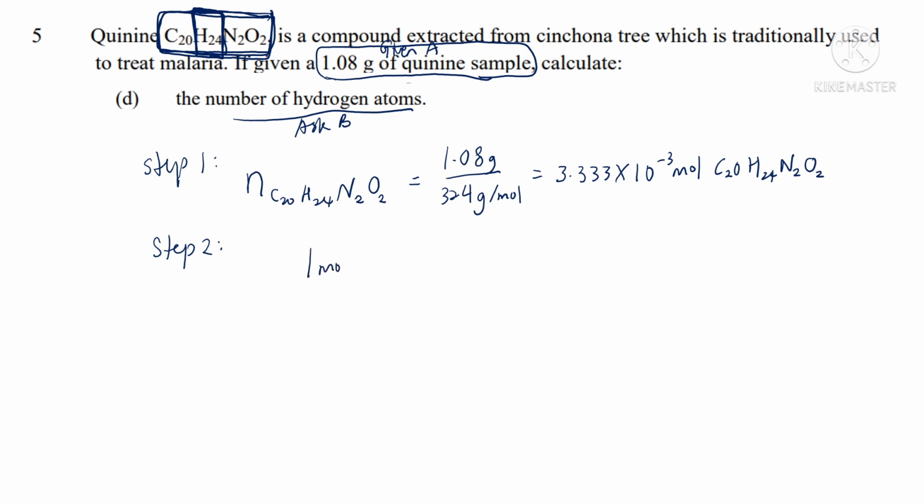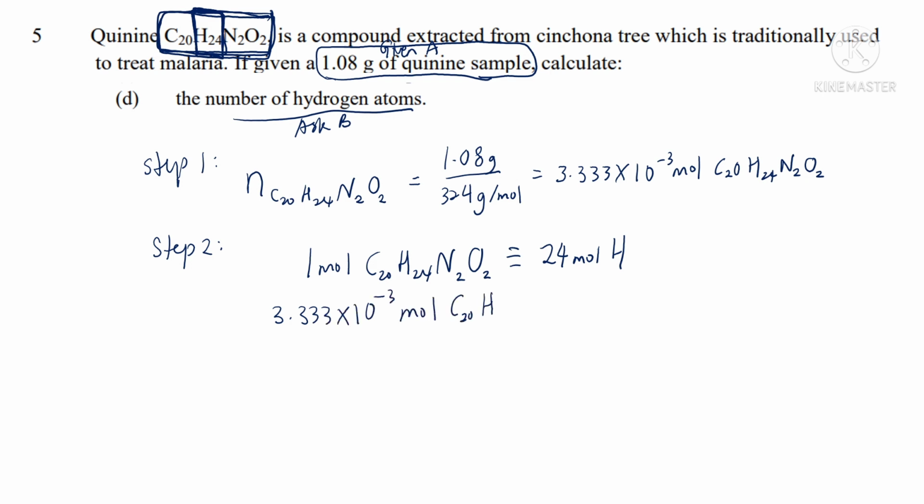So 1 mole of quinine molecule consists of 24 moles of hydrogen atoms. And now we have 3.333 times 10 to the power of -3 mole of quinine, and that is equivalent to X mole of hydrogen. So how do we find X? Basically, we can use cross multiplying.